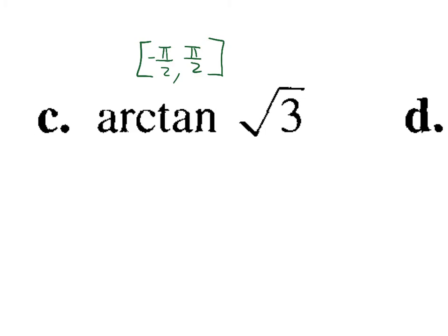Pi/3, okay? Remember, tangent is sine over cosine. And to get a √3, you'd have √3/2 over 1/2. Well, where is sine √3/2? It's at pi/3. Okay?